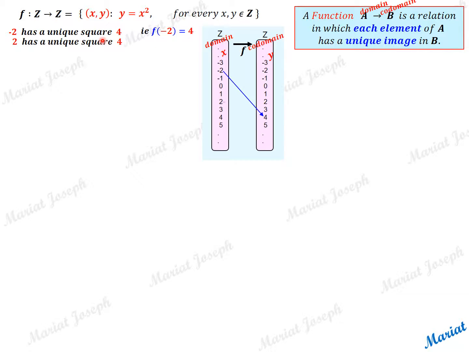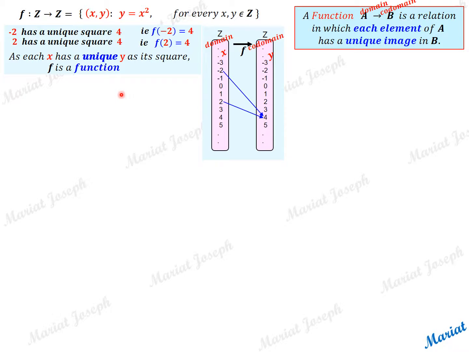Again, 2 has a unique square 4. f of 2 is also equal to 4. But we notice that every x of the domain has a unique square which is an integer. As every x has a unique y as its square, this f is a function.